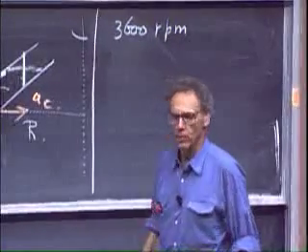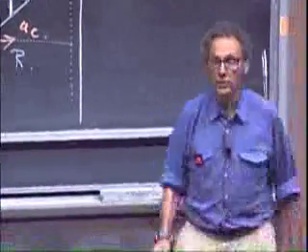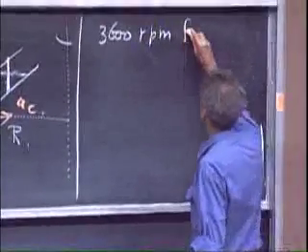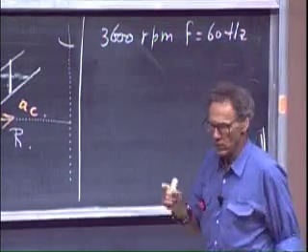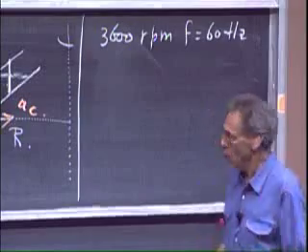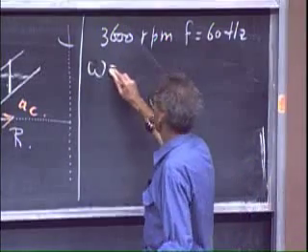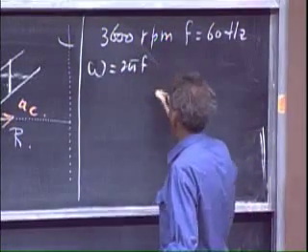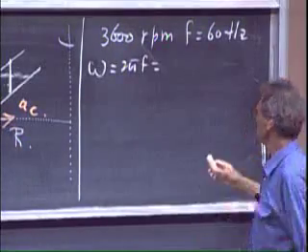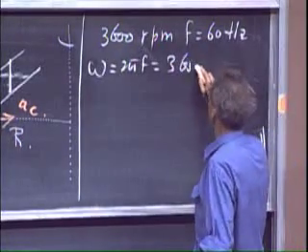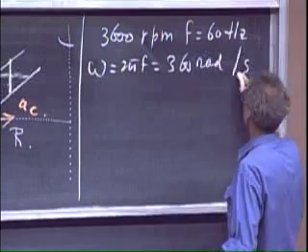So 3600 RPM translates into a frequency of 60 Hertz. So it goes around once in 1/60th of a second. Omega is 2 pi times f, which is therefore roughly 360 radians per second.